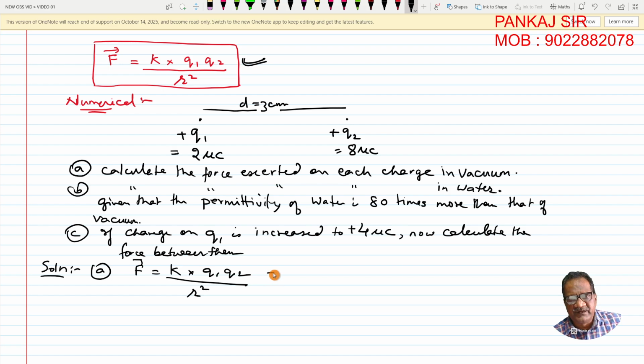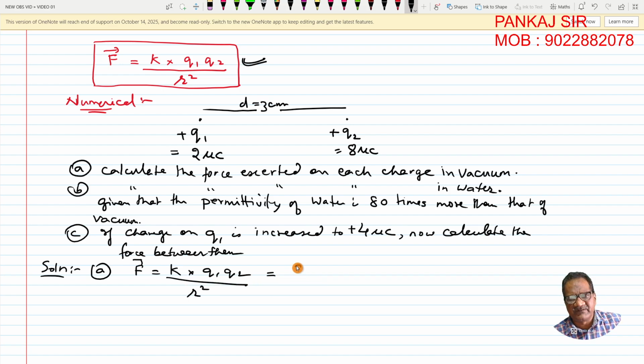Now we know the value of K in vacuum. In the IB data sheet you will get the value for K in case of vacuum, but I would advise you to at least learn by heart the value of K for vacuum and water.